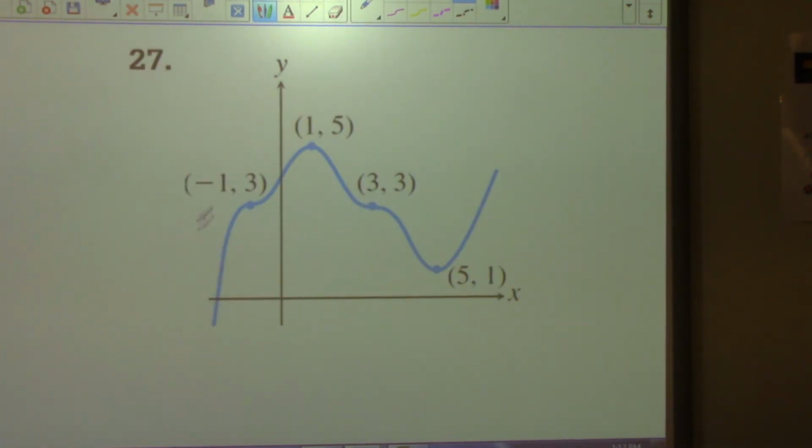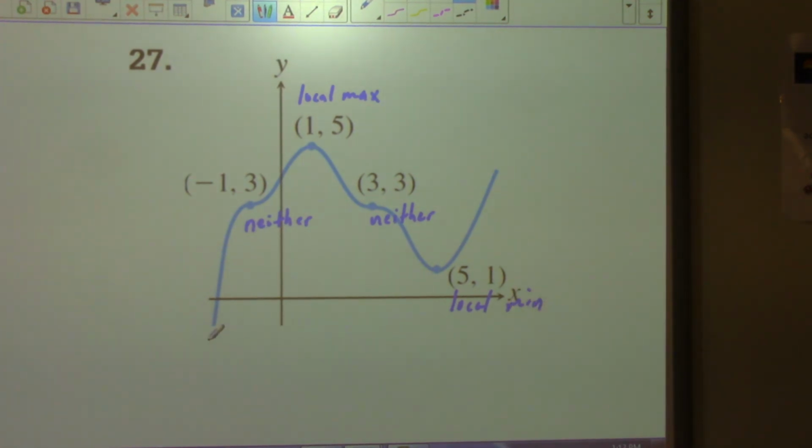Okay, 27. This one on the left. Is that a minimum or maximum? What about the 1, 5? That's the max. And 3, 3? Local minimum. Neither. And then 5, column 1, oh wait, no, jumping ahead. Local minimum.